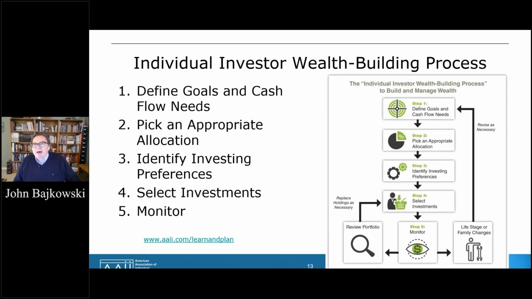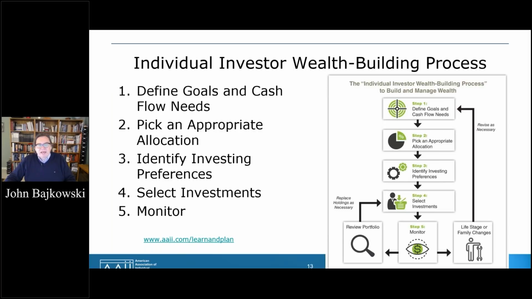You identify how much of it you want to invest, via perhaps a money manager, on your own, through stocks, through funds. You select your investments and you monitor, and you kind of rinse and repeat. So the wealth building process has a lot of information. It has, in fact, 12 different challenges to help you along this road towards determining where you want to go and how to get there.